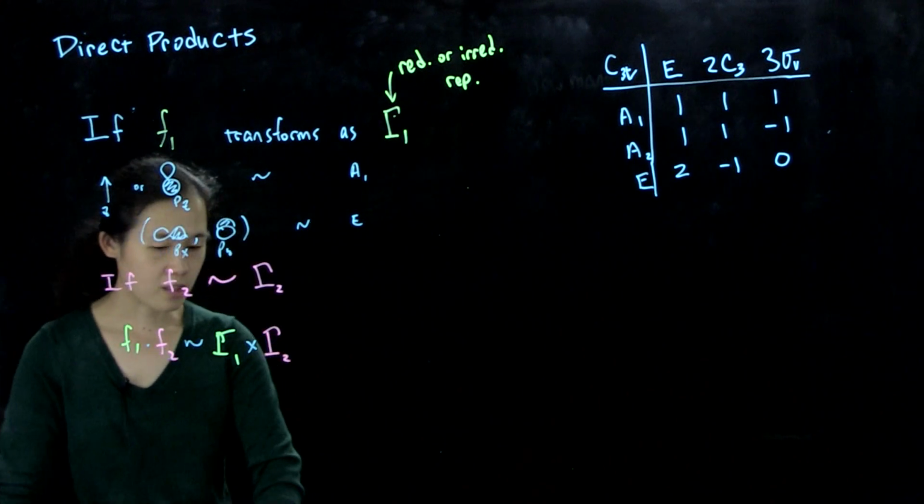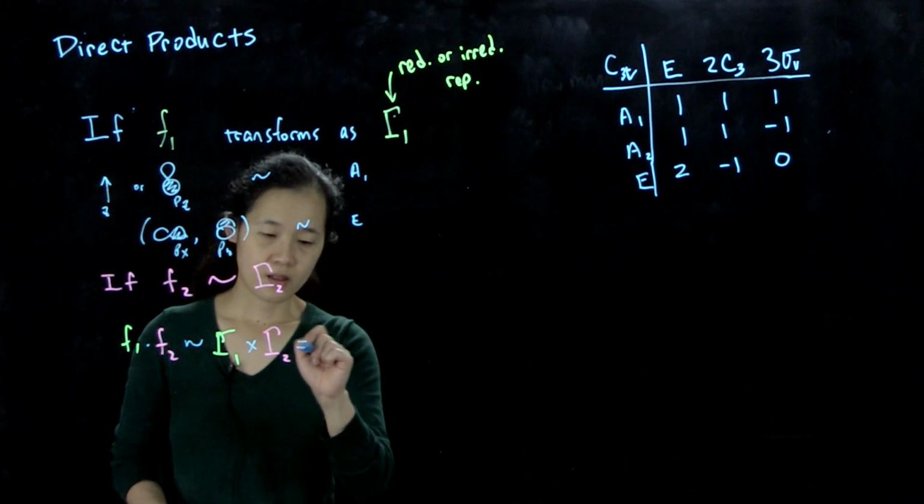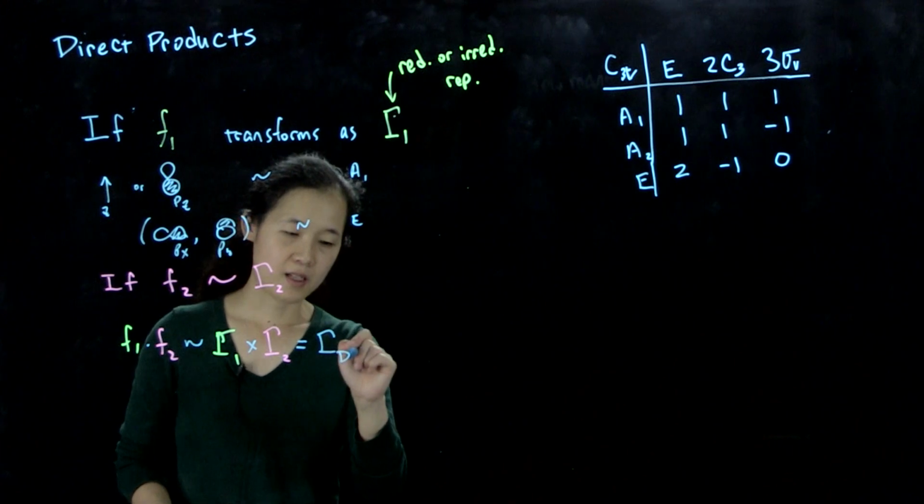And this is what we're going to call the direct product, gamma dp.